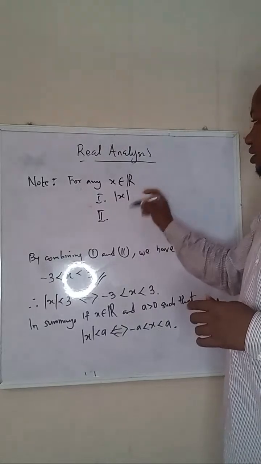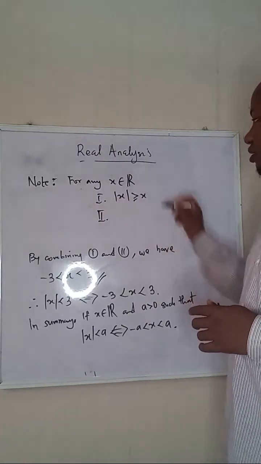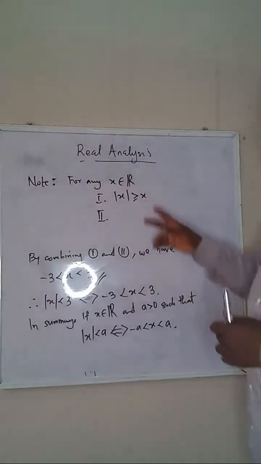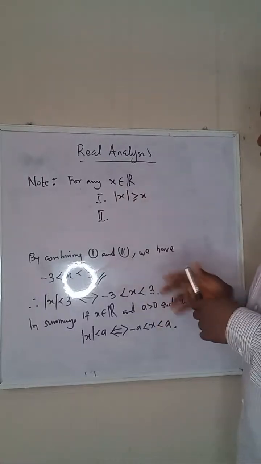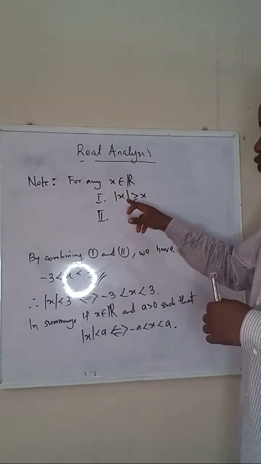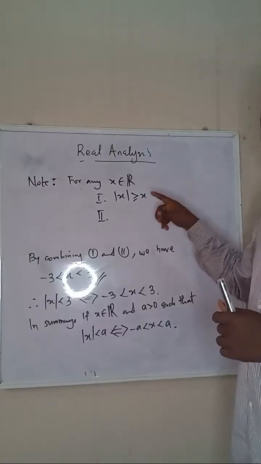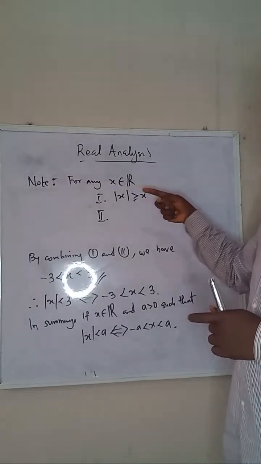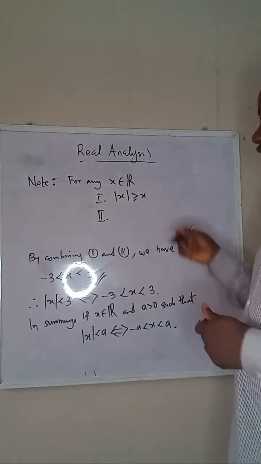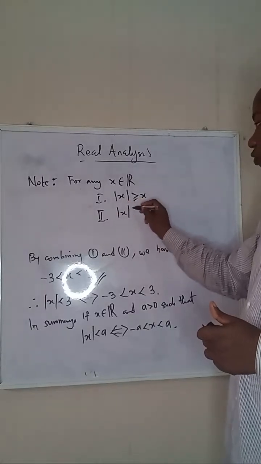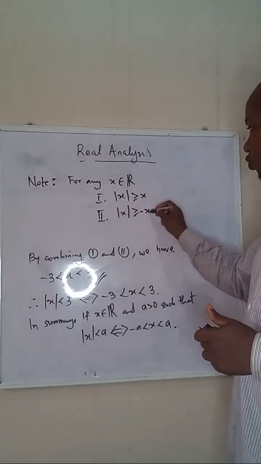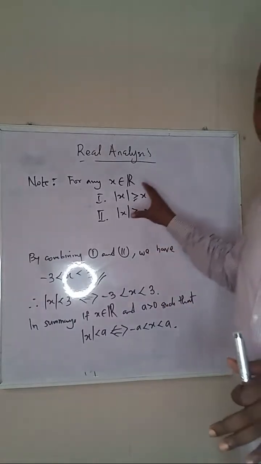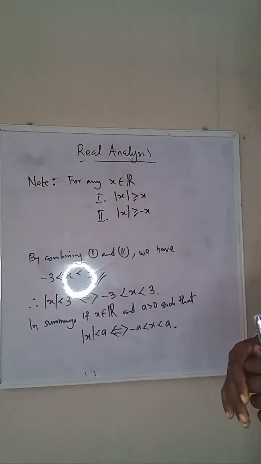Firstly, the absolute value of x is usually greater than or equal to x. That is, if you pick any number here and we take the absolute value of that number, the absolute value will be greater or equal to x. We pick the choice of equality because of 0, because it's possible for us to pick 0 in the set R, and this will also be satisfied. And secondly, the absolute value of x is greater or equal to minus x. These two things are obvious from the definition of absolute value.